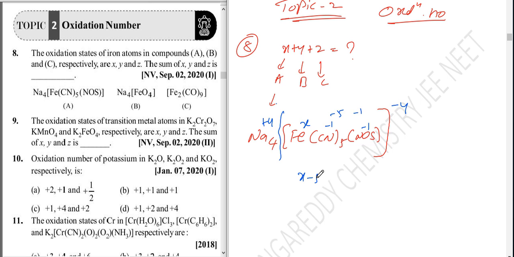X plus minus 5 minus 1 equals minus 4, then X equals minus 6 moved over becomes plus 6, that means plus 2.